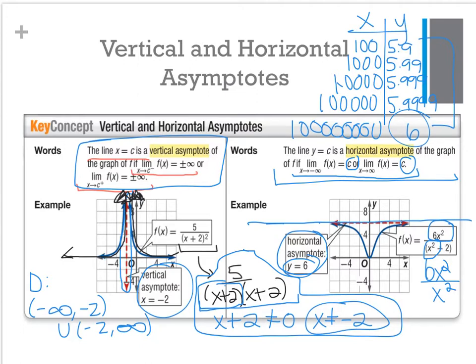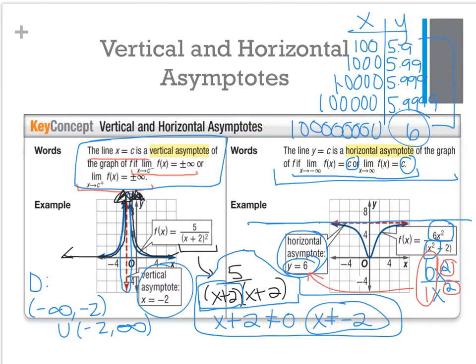If your degrees are the same on top and bottom, then you divide the coefficients of those terms, so 6 divided by 1 gives you your horizontal asymptote.